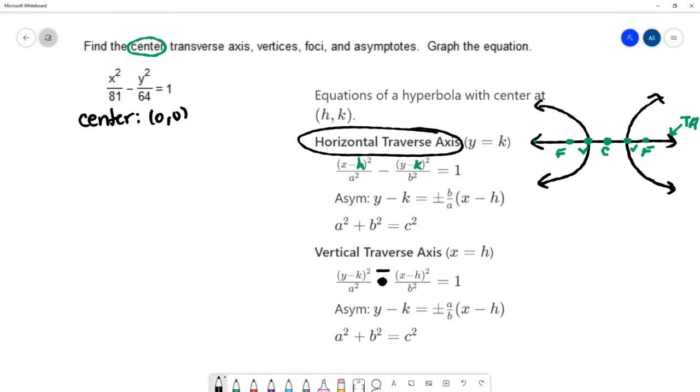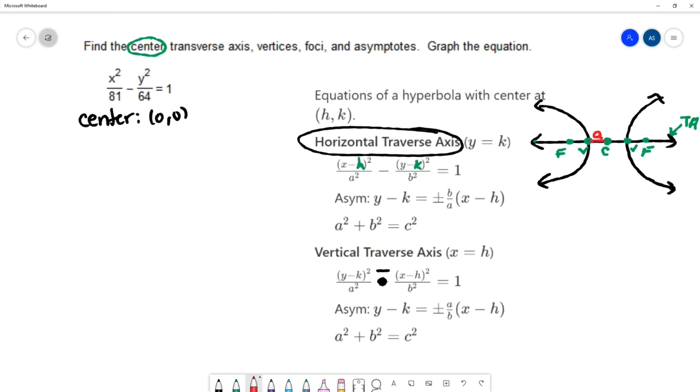Now then I need to find the vertices and the foci, and the way that I find that is using the values of A and B. So we have in the denominator here values of A and B. Now A is going to be the distance between the center and the vertices.